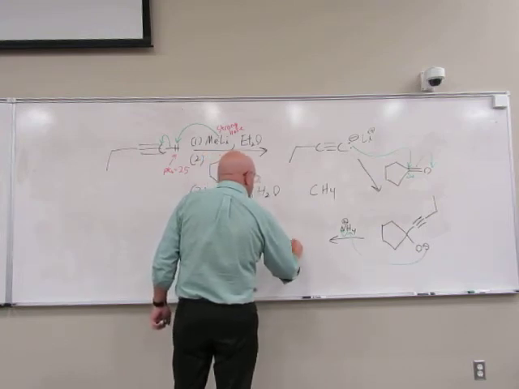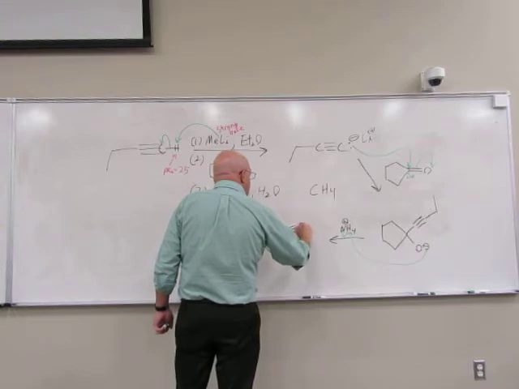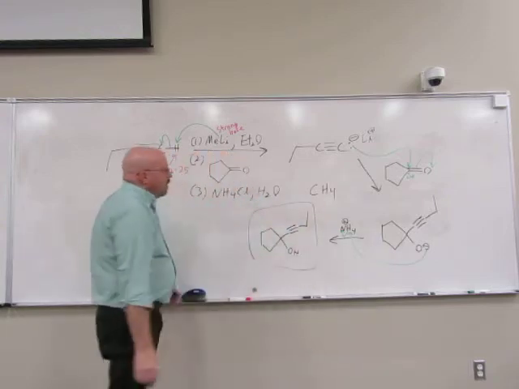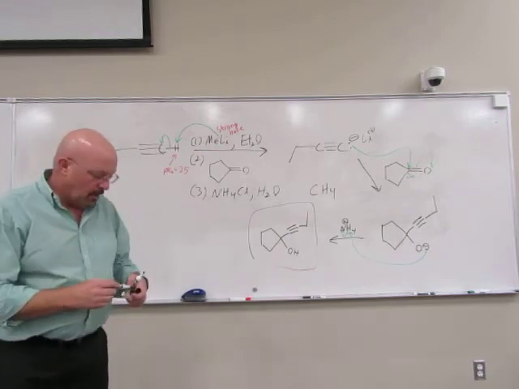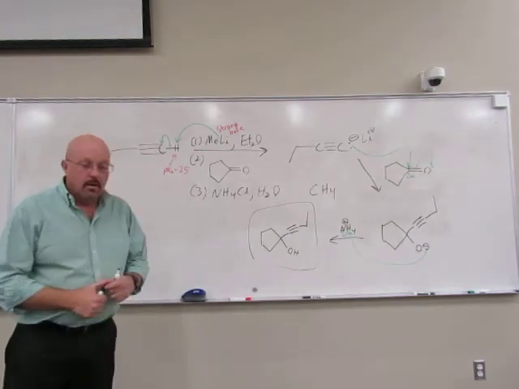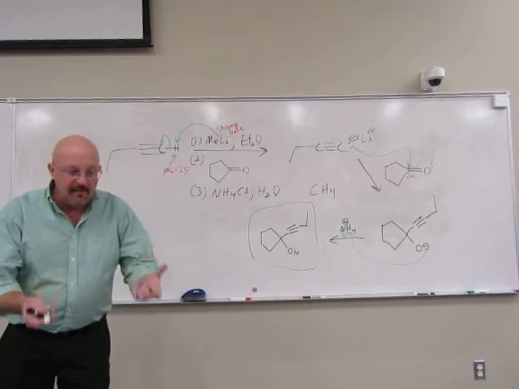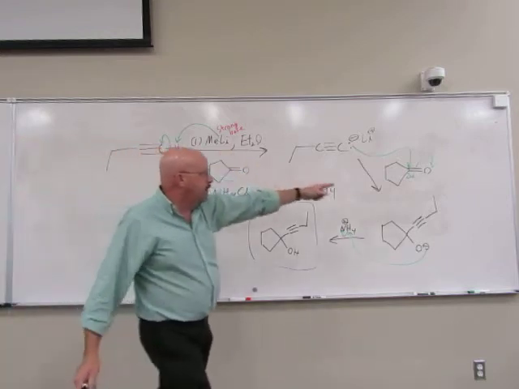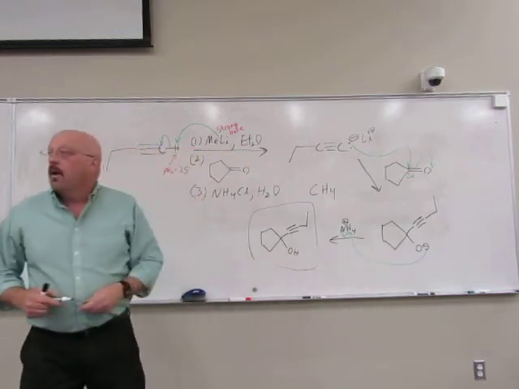And that gives us our alcohol as our product. So there's the product. But there's the full mechanism, all my curved arrows on how we get to that product. So I gave you the starting materials and the product. You just have to provide all these curved arrows and show how we get there. Questions?